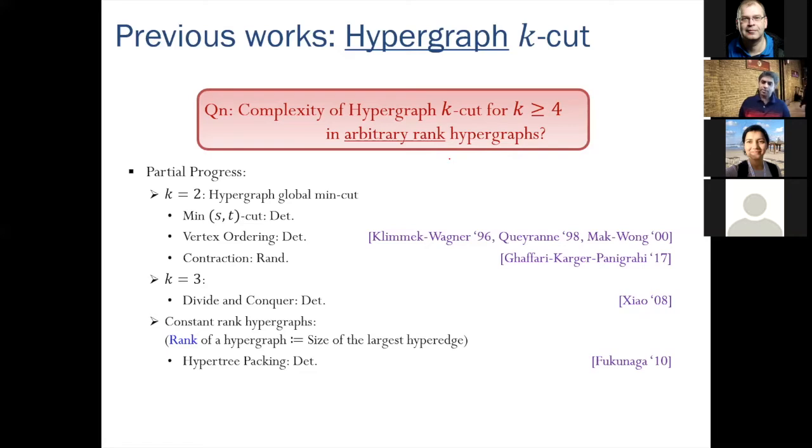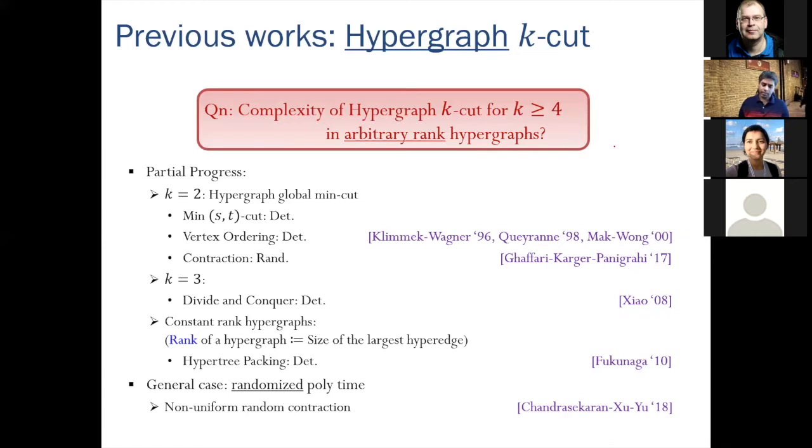Right, so this was the status for a long time. A couple of years ago, we took a solid step towards answering this question. We gave a randomized polynomial time algorithm to solve hypergraph k cut in arbitrary rank hypergraphs. And our work was followed up by Fox, Panigrahi, and Zhang, who gave a faster randomized polynomial time algorithm.